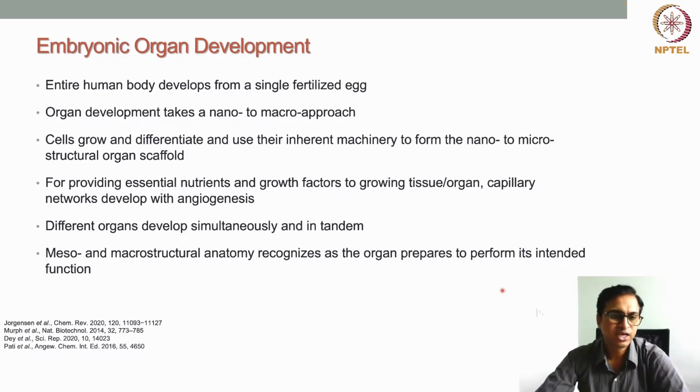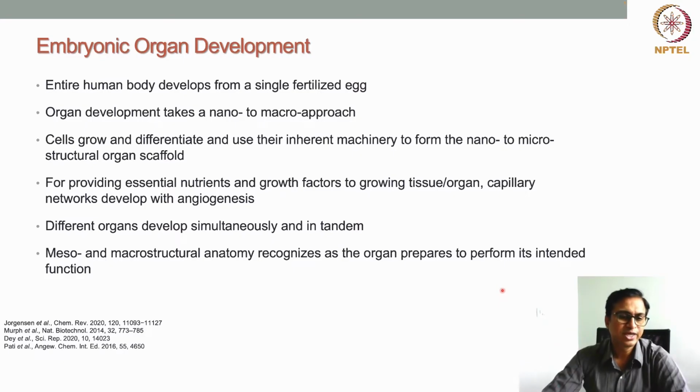It is very important to understand what forces and what signals help in this process, so that if we can implement that in our bioprinting, it can be a major breakthrough and a major advantage for functional tissue or organ development.